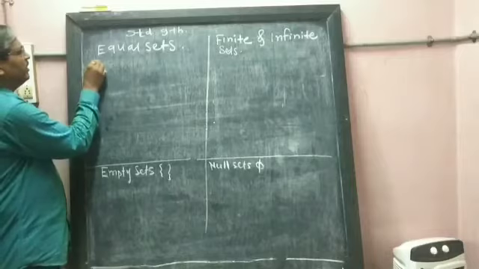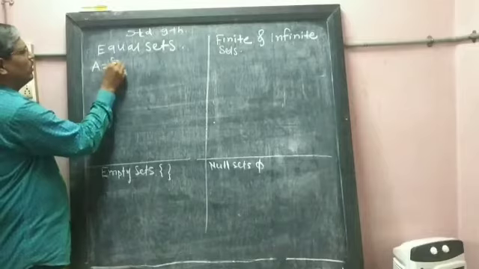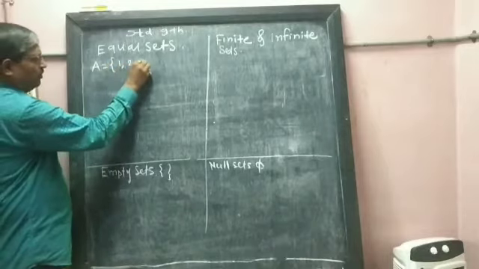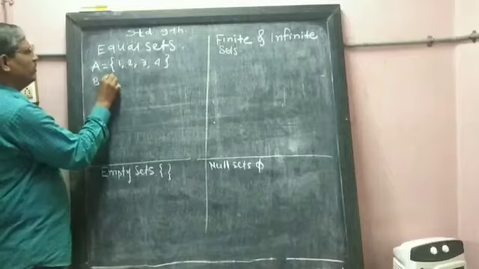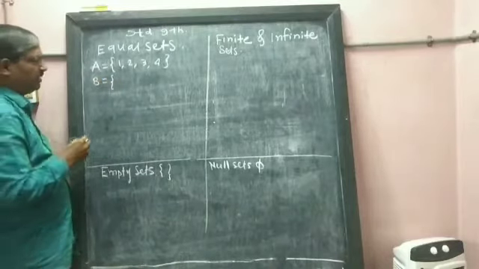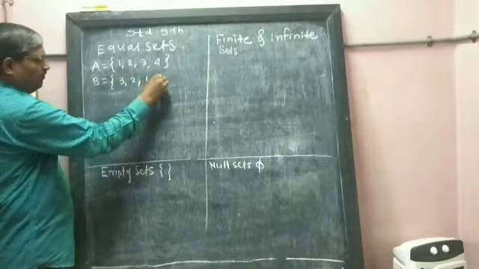First I am going to take one example. Set A is equal to {1, 2, 3, 4}. Set B, the second set, is equal to {3, 2, 1, 4}.